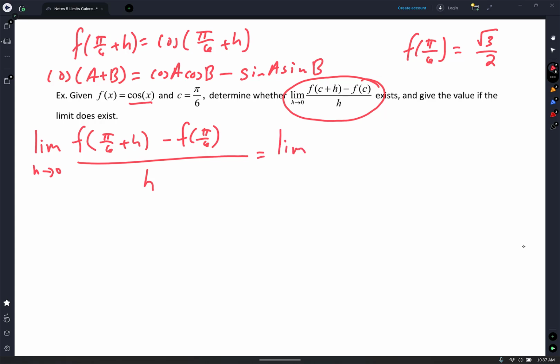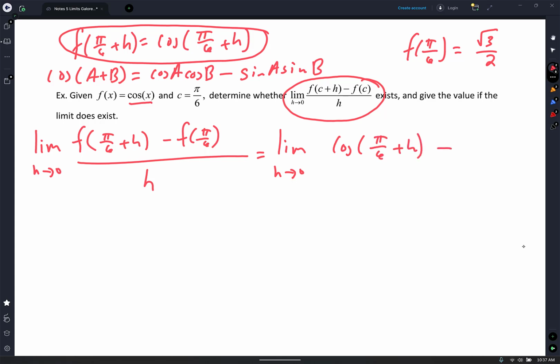Limit as h approaches 0. And what's f of pi over 6 plus h? This guy right there. Cosine of pi over 6 plus h minus, and f of pi over 6 is just square root of 3 over 2. All this is over h. Are we still okay? Okay, here we go.